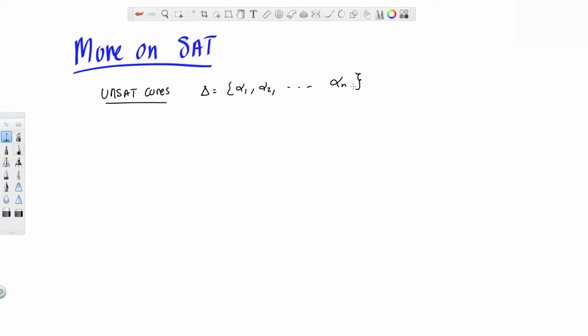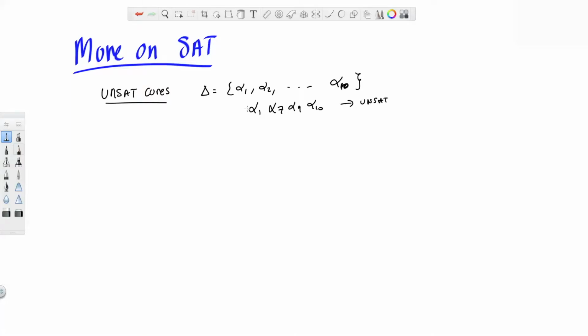So to make it concrete, let's say this is 10 clauses, and it's possible that even though this is unsat, clause 1 and clause 7 and clause 9 and clause 10 are sufficient to generate a contradiction.